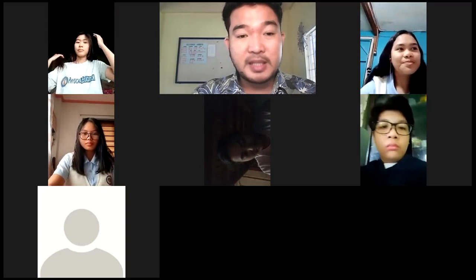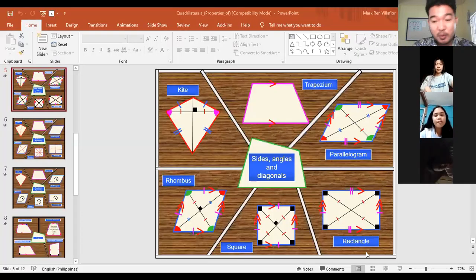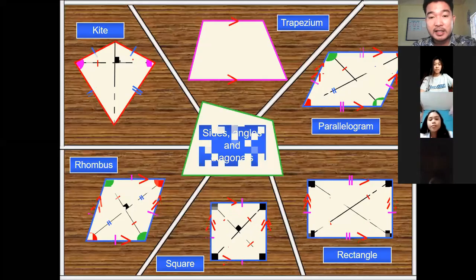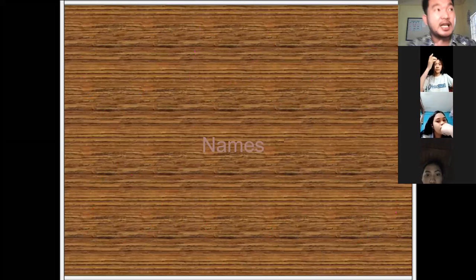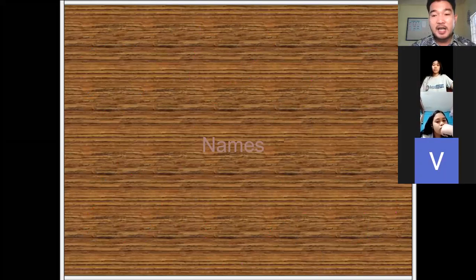Okay, so this will be the first topic of our third quarter, and this is all about quadrilaterals. When we say quadrilaterals, it is a polygon with four sides. Once again, kung natatandaan niyo dati, di ba, sinasabi lang natin, kapag apat ang sides, square agad ang nasa isip natin. Tama?